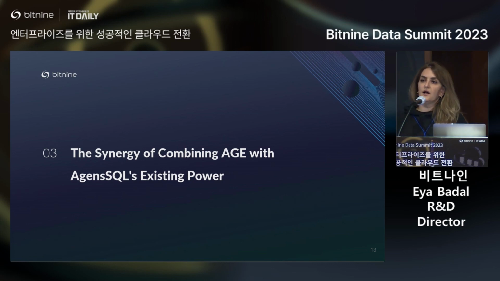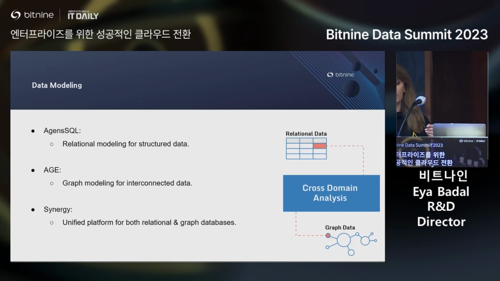Now that we've talked about Apache AGE and AgensSQL, let's explore the outcomes of having AgensSQL and AGE as a unified solution, right? When it comes to data modeling, AgensSQL handles structured relational data, while AGE excels at graph modeling for interconnected data.